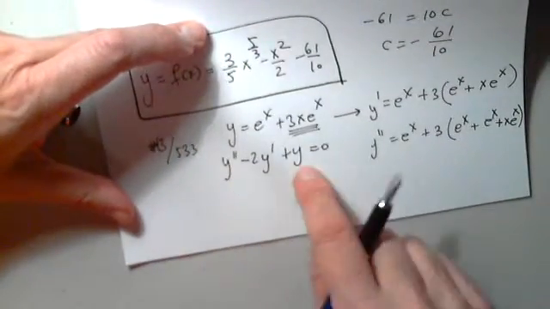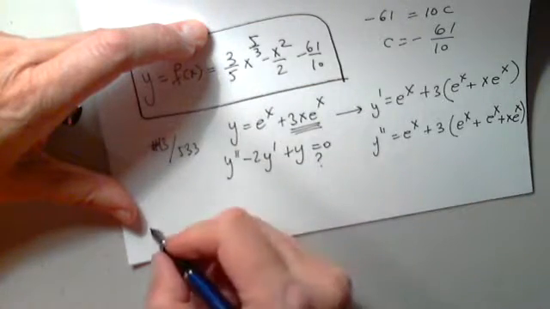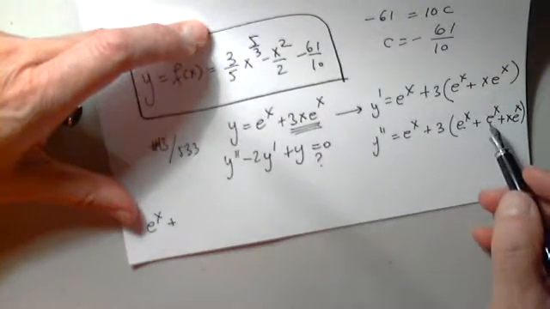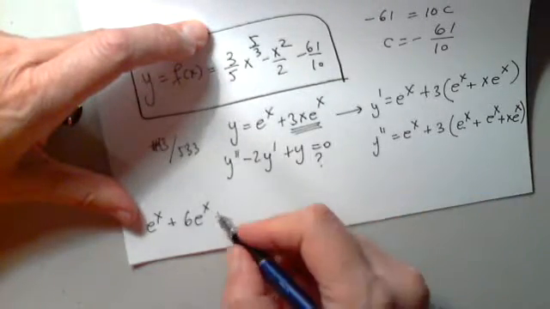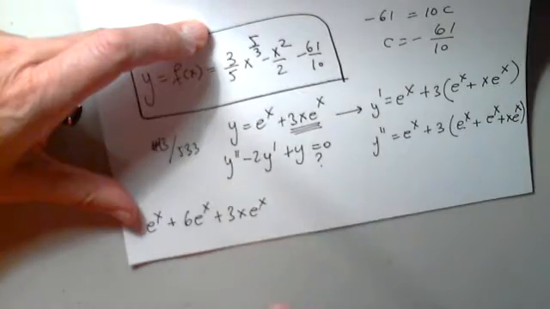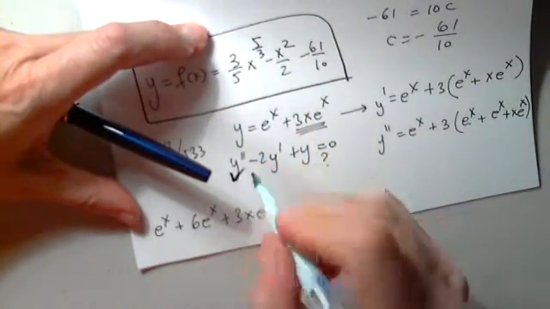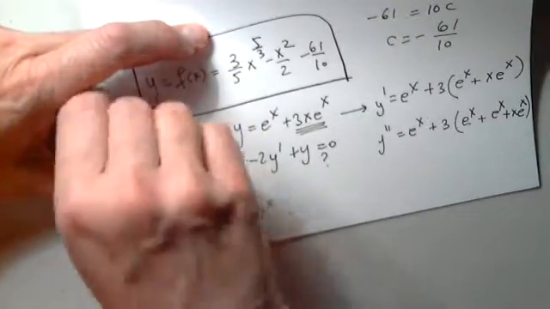Now I'm going to replace them in here and see if I get 0. So the second derivative is e to the x plus e to the x plus e to the x, which is 2 e to the x, multiplied by 3 is 6 e to the x, plus 3x e to the x. And I replaced this, which is the second derivative of y.